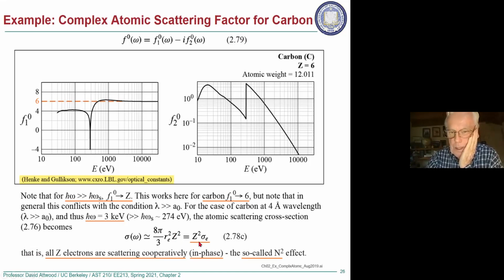So for carbon, in this photon energy region, you can get a Z squared effect. If you go out to very, very harder X-rays, absorption will be dropping off, but the wavelength won't be so long compared with the atom, and you won't get the Z squared effect. So we call this an N squared effect. N is the number of electrons. And those things come up very frequently in our class.